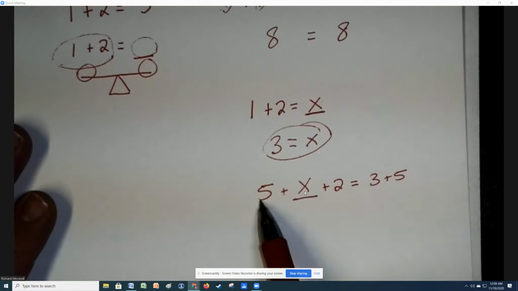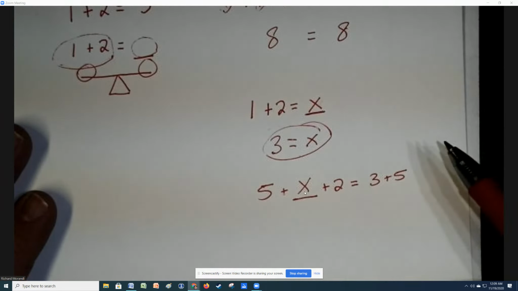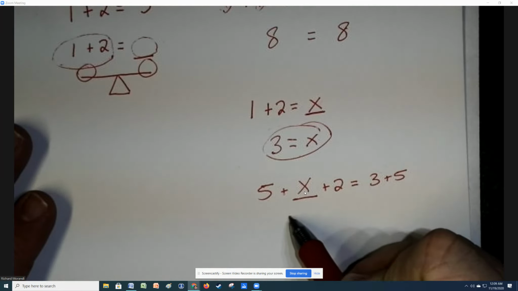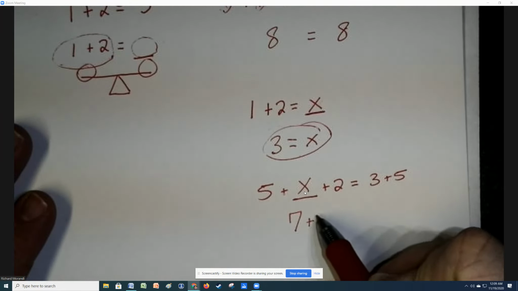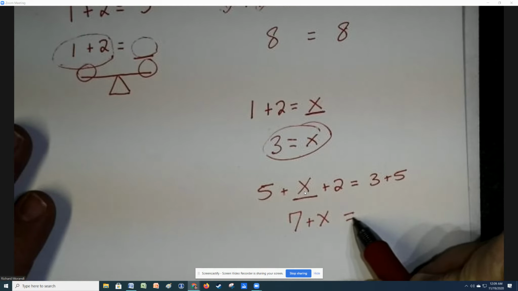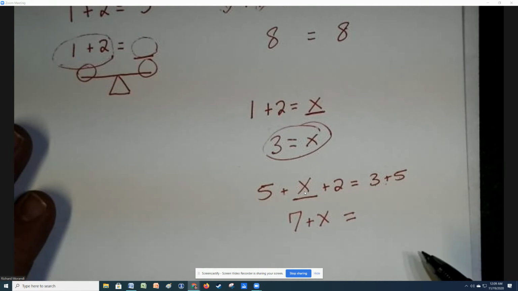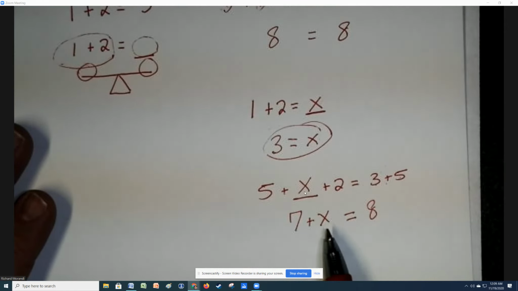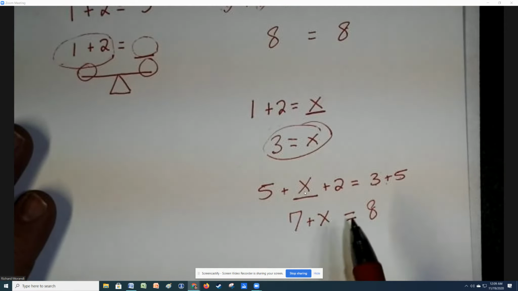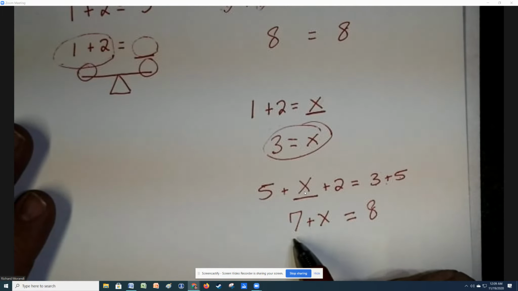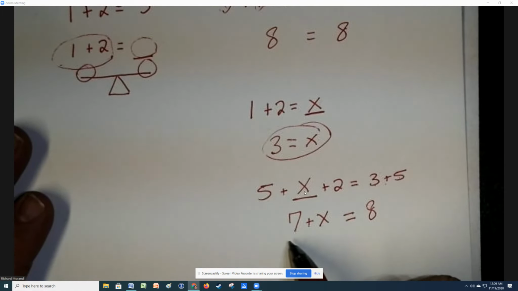Over here I have like terms: 5 plus 2, I can do that. 5 plus 2 is 7, plus x, equals 3 plus 5, which is 8. The x isn't alone yet. My goal is to get the x alone so I can find out what the x is equal to. If I'm adding 7, I can undo that.